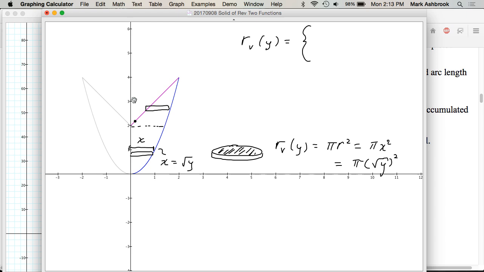What about from 2 to 4? Well, we're going to get a cylinder that looks like this now. And it's the same thing, only the height changes as y increases through the current interval.